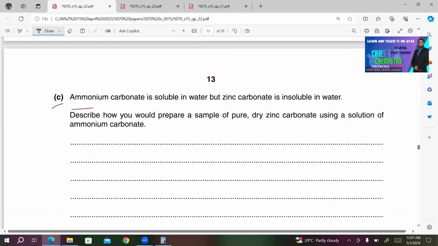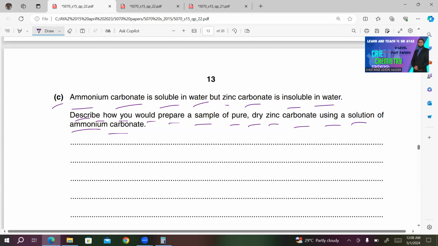Next part, C. Ammonium carbonate is soluble in water, but zinc carbonate is insoluble in water. Describe how you would prepare a sample of pure dry zinc carbonate using a solution of ammonium carbonate. You have to start with a soluble compound of zinc.